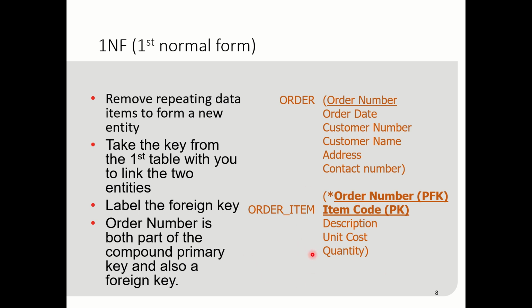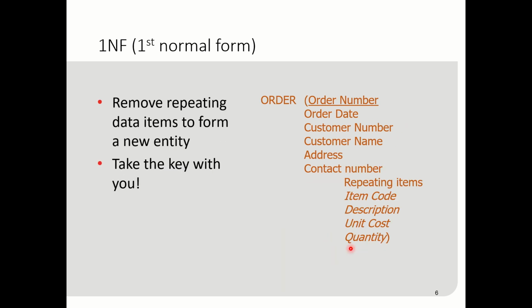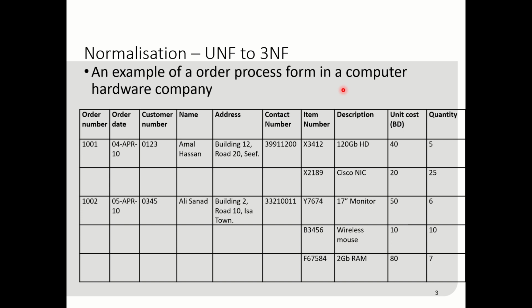So this is your first normal form. So in the first normal form, basically you have removed the multi-valued attribute. So when you look at your table, you cannot take one number alone. That is not possible. You need to take the combination of 1001 x3412 for understanding this particular column, and this one also 1001 x22189 with this related data.